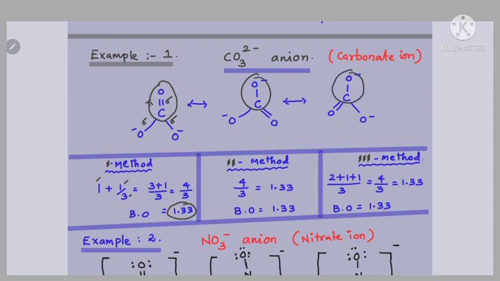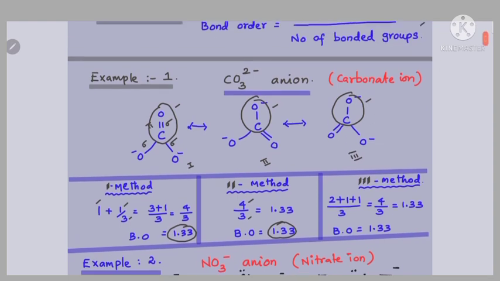The number of bonds between two atoms in all resonance structures: the first structure 2, second one 1, third one 1. That is 2 plus 1 plus 1, 4, divided by the total number of resonance structures, 3. So I am getting the same 1.33, 4 by 3.